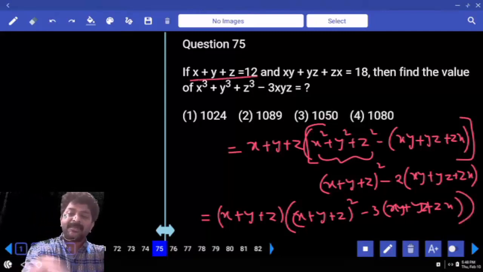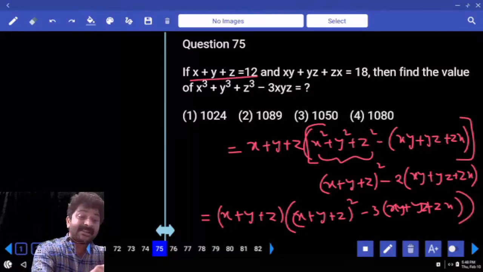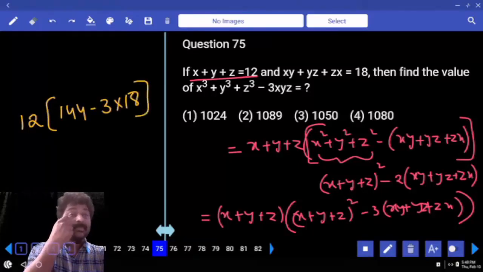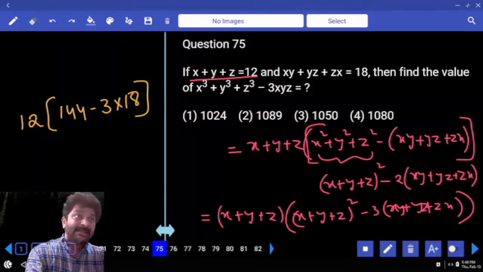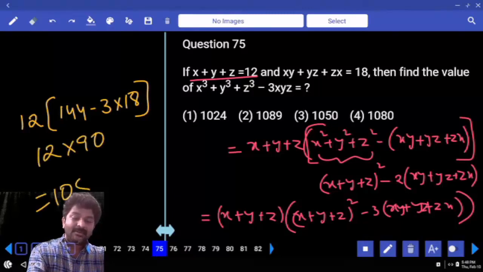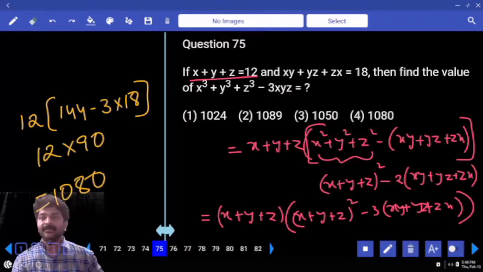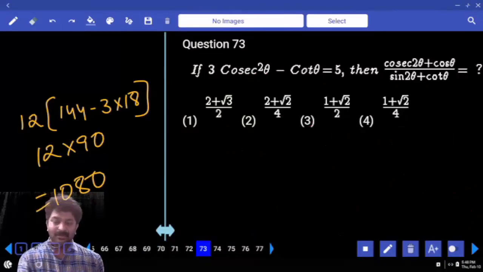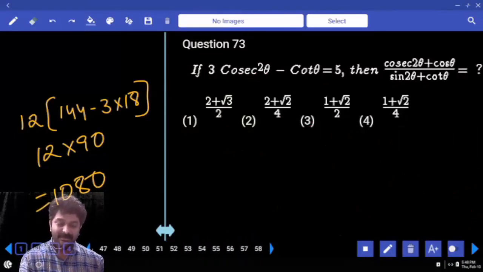We know x plus y plus z is equal to 12. 12 into (12 square, 144, minus 3 times 18). 3 times 18 is 54. 144 minus 54 is 90. 12 into 90 is 1080. Right? So 2 questions were left. This is one value and the other one is the first one, 51.